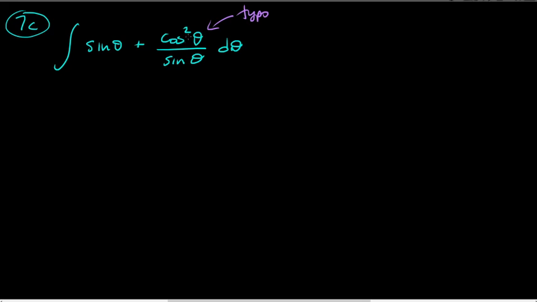However, here, this was the problem that it was supposed to be. And I'll give you a second to figure it out. I just had the 2 in the wrong place. The 2 was supposed to be downstairs with the sine.